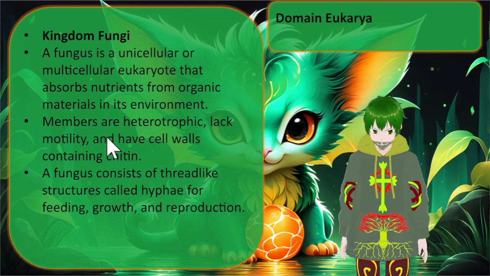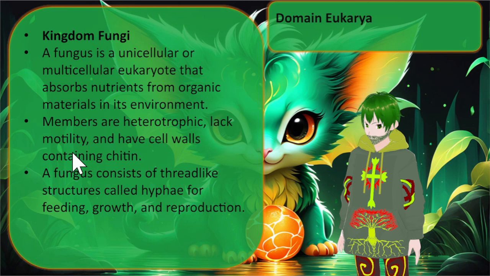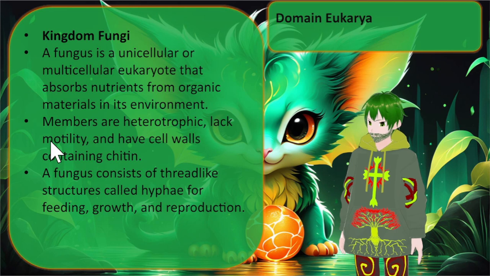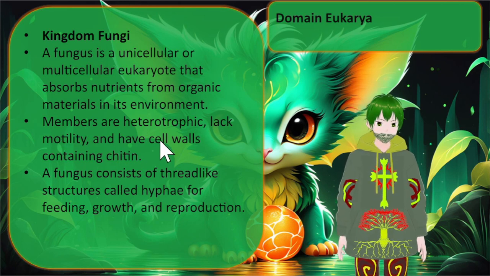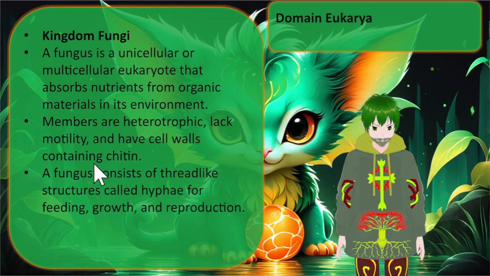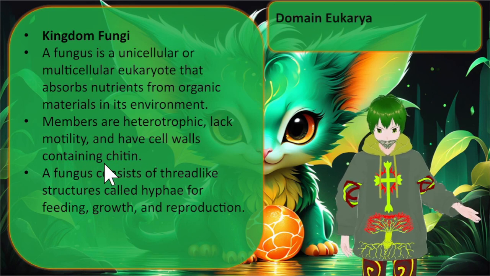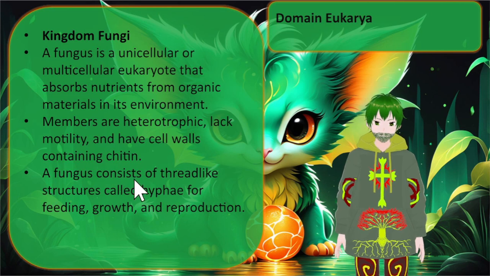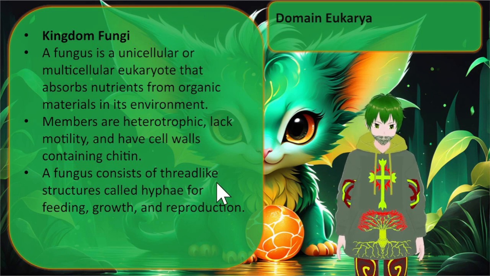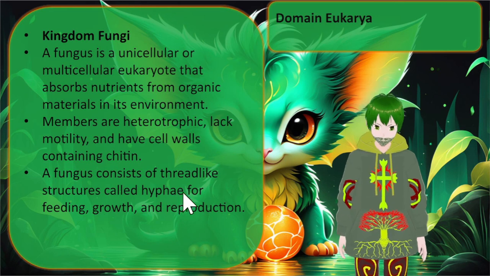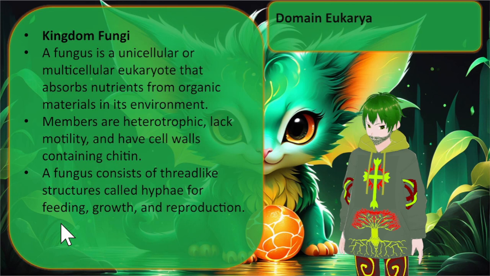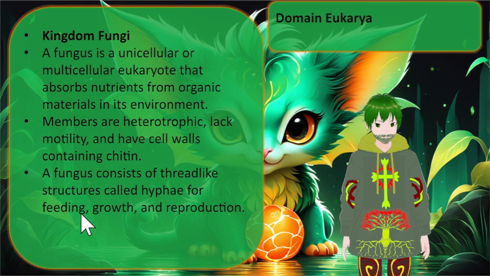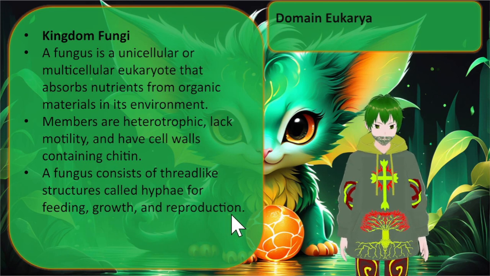Members tend to be heterotrophic and lack motility, and they reproduce and spread themselves by sporing. And they have cell walls that contain chitin, which is the same protein that is in your insect cell walls, which is interesting. A fungus consists of thread-like structures called hyphae, which are for feeding and growth and reproduction.